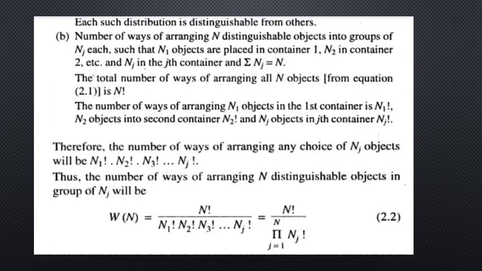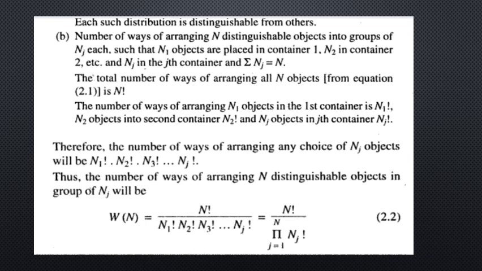Now we come to the second problem, the number of ways of arranging n distinguishable objects into groups of nj each, such that n1 objects are placed in container 1, n2 in container 2, etc., and nj in the jth container, and the sum of nj is equal to n. The total number of ways of arranging all n objects, from the equation we have seen before, is factorial n.